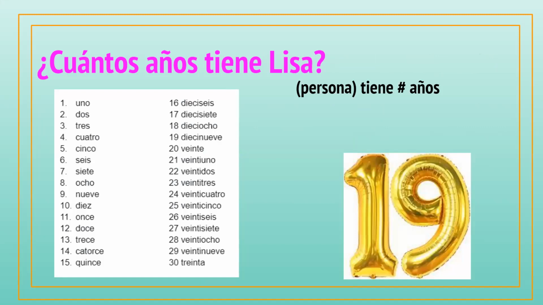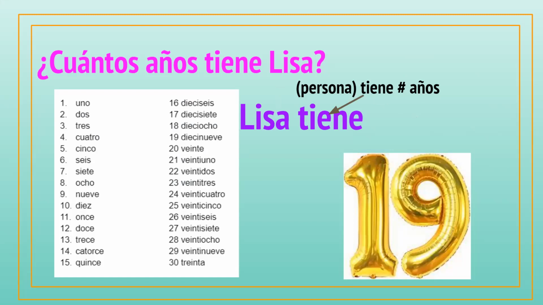So let's do some examples. ¿Cuántos años tiene Lisa? So they're asking us, how old is Lisa? Remember, our format for telling how old someone else is, we put the person's name, we put tiene, we put their age, and then we end the sentence with años. So who's our person in this example? Lisa, that's correct. And after we write Lisa, we write tiene.